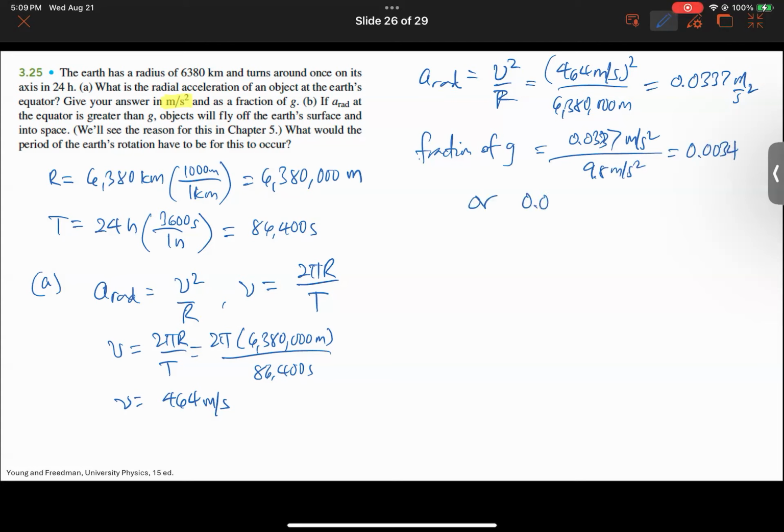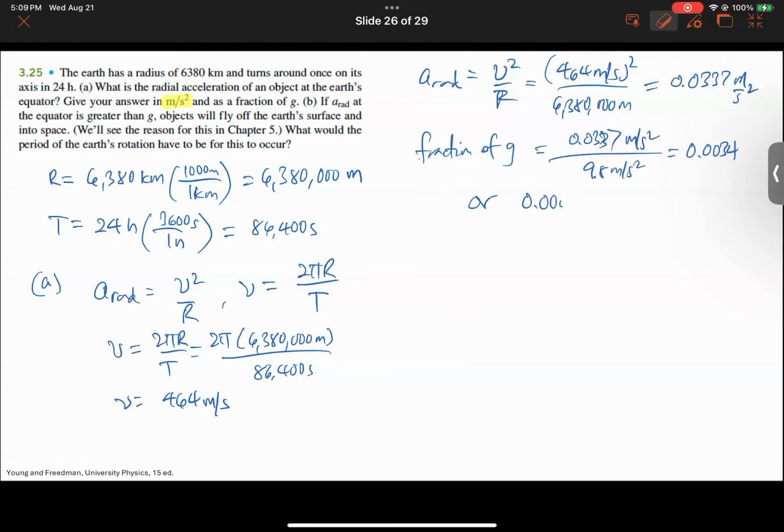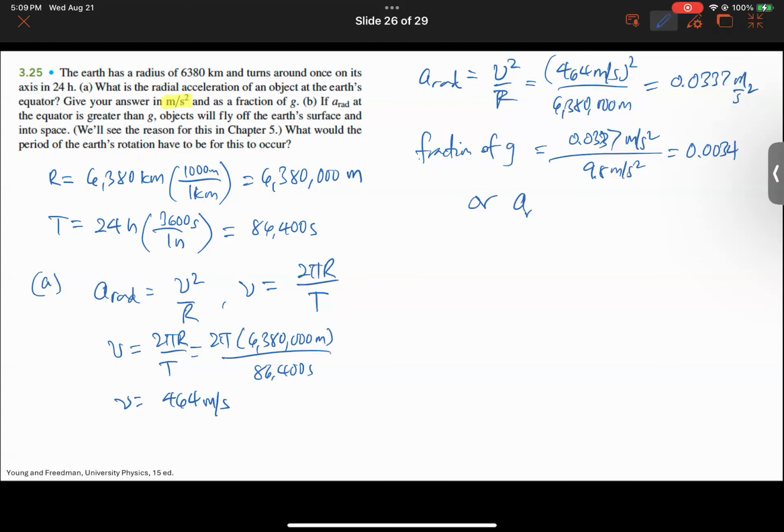We say that the radial acceleration is 0.0034 g. Diba? Kasi this is a_rad and this is g.